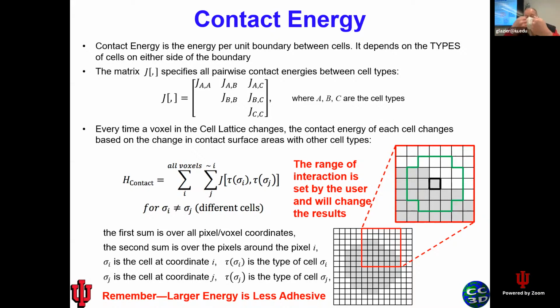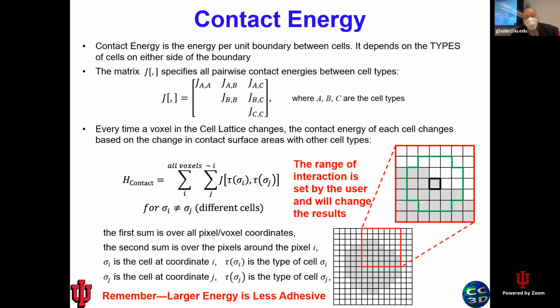So if I have two things that stick to each other, the energy per unit contact area of something that sticks is negative. Bringing them together reduces the energy. So that's got a negative contact energy. If things repel each other, then I have positive contact energy. And so there's a matrix J which specifies the energy per unit contact area between all pairs of cells.